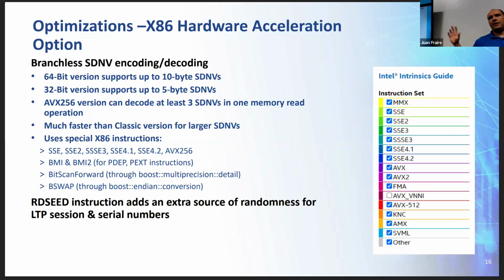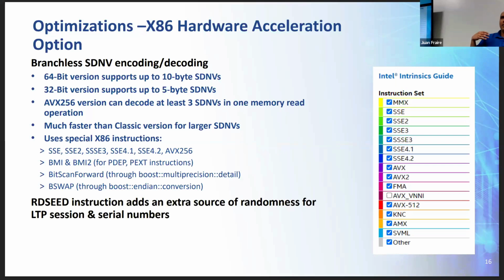So an LTP packet is made up of these self-delimiting numerical values, which can essentially take up to 10 bytes to represent a 64-bit value. So one thing we did was implement some branchless SDNV encoding and decoding operations within HDTN.